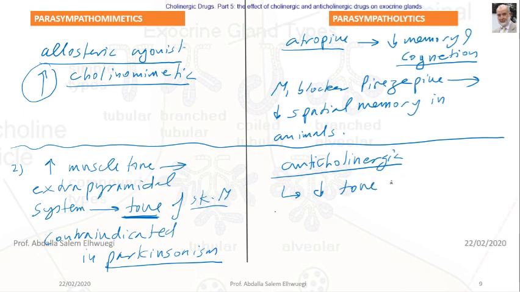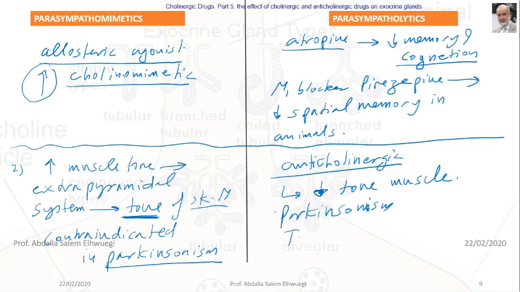That's why they are used in treatment of Parkinsonism, one of the groups of drugs which are used in treatment of Parkinsonism. Therefore, atropine-like drugs, by blocking cholinergic receptors in substantia nigra, will decrease muscle tone, and they are used in treatment of Parkinsonism.